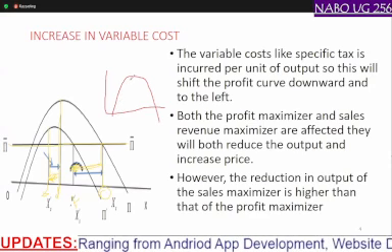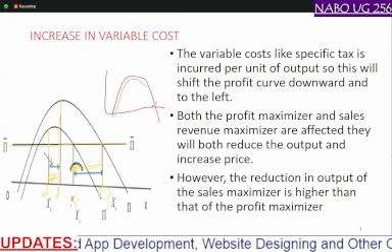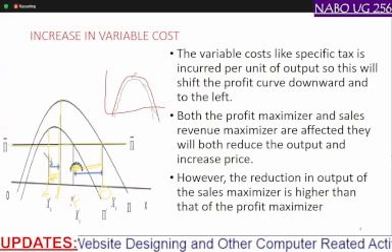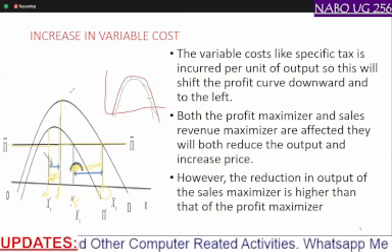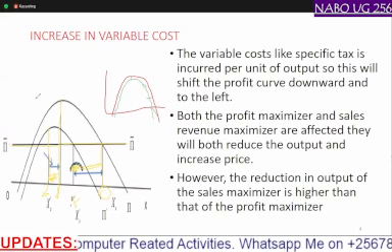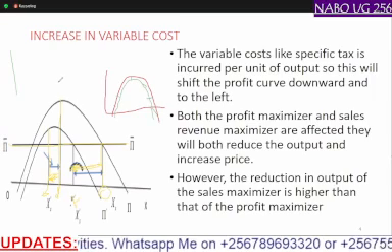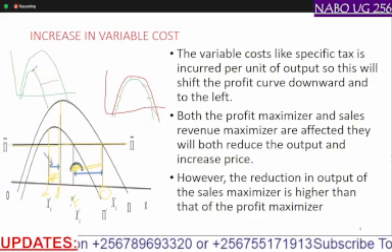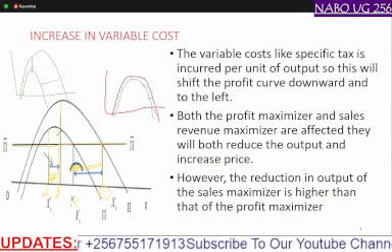It may not be straight, but the gap is the same throughout here. Then for variable cost, remember, if this is the first one, the second one shifts to the left, so here the gap is bigger. It's not the same, but both of them have shifted inward. That's the difference. This is the variable cost. This is the fixed cost.